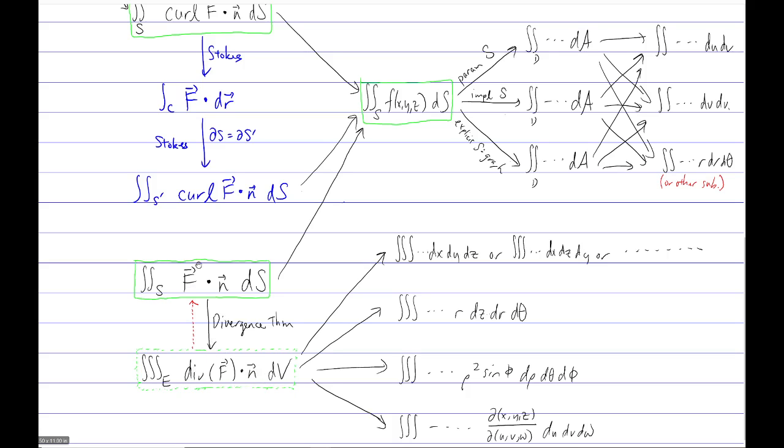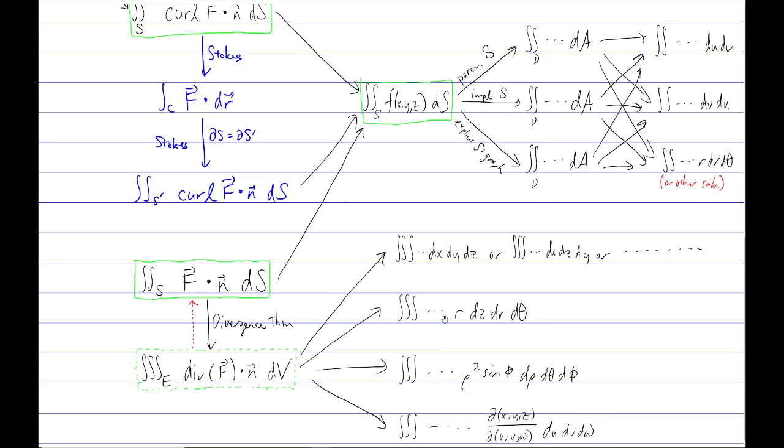Or of course you could use the divergence theorem backwards, but then when you have this triple integral here, you can turn this into a dx dy dz, or a dx dz dy, and so on and so forth, or into an r dz dr d theta, or into spherical coordinates, or perhaps something with another substitution and using a Jacobian might help.